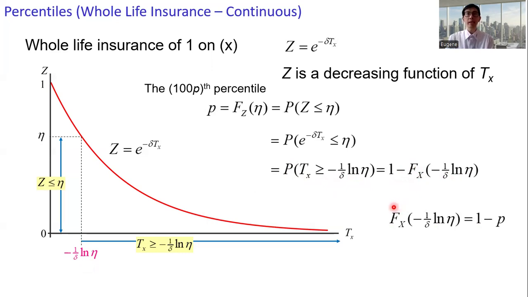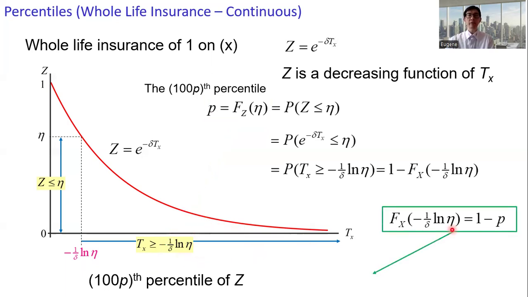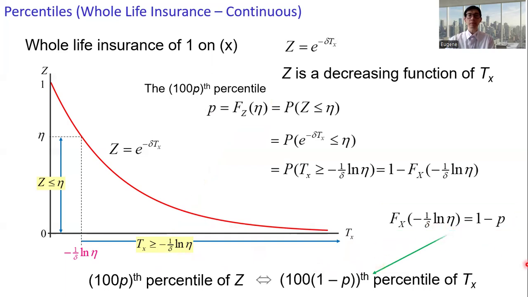That is, the CDF of Tx at this particular value is the 100 times 1 minus pth percentile of Tx. We can relate F of Z and F of Tx. The 100 times pth percentile of Z is equivalent to the 100 times 1 minus pth percentile of Tx.